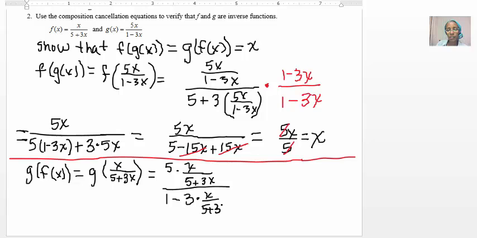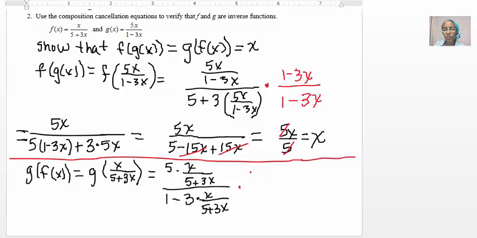In this case, my input is x over 5 plus 3x, which is what the function f equals. So obviously, this again is a complex rational expression.